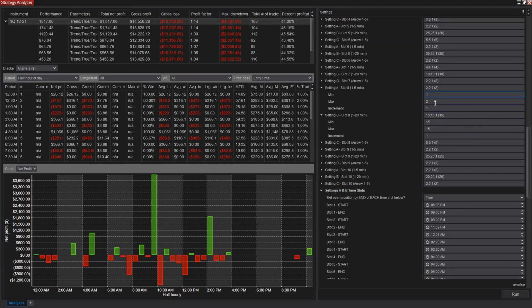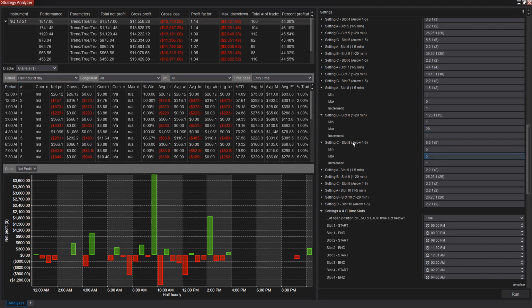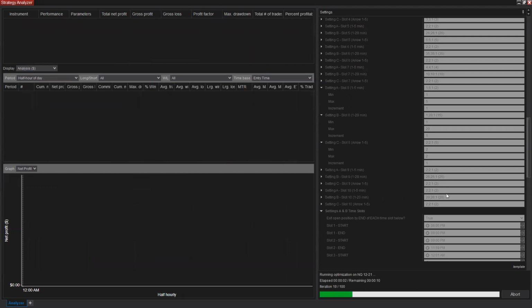I'll do the same thing there between 1 and 5, and I'll do 1 and 20, and then run that. I wonder if I should do this one here. I might just leave this as 2. You can also optimize this, so that'll give you 100 values as well.